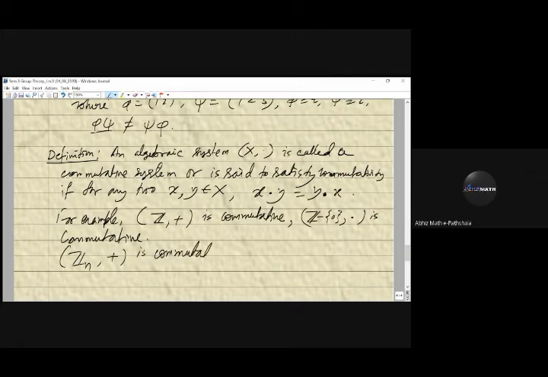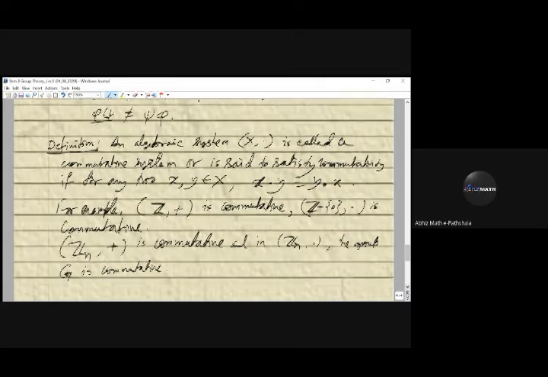And in the monoid Zn dot, the group G is commutative.